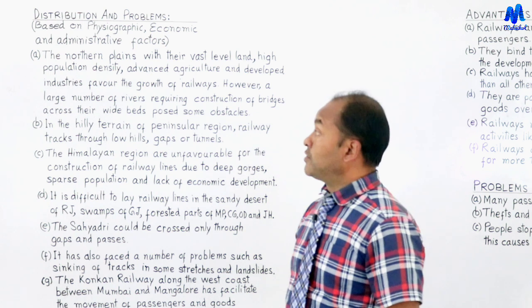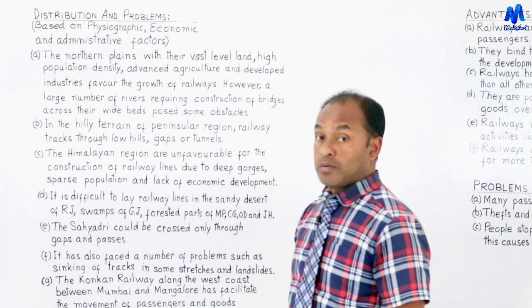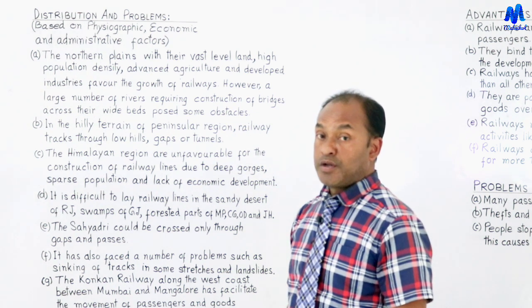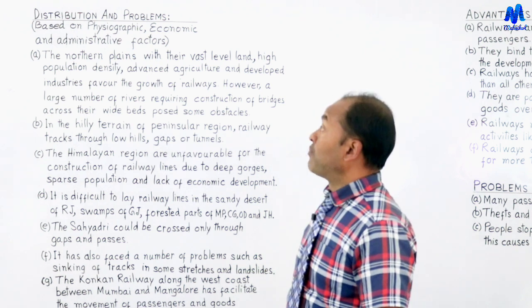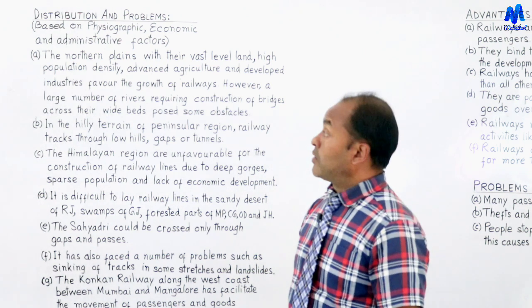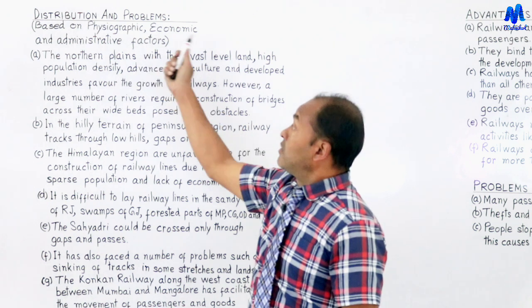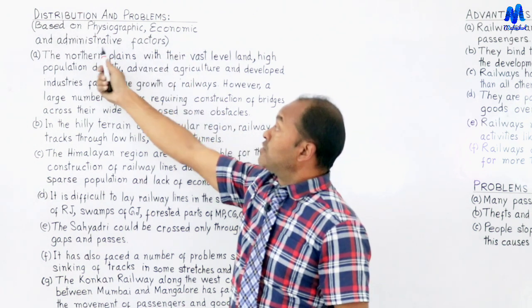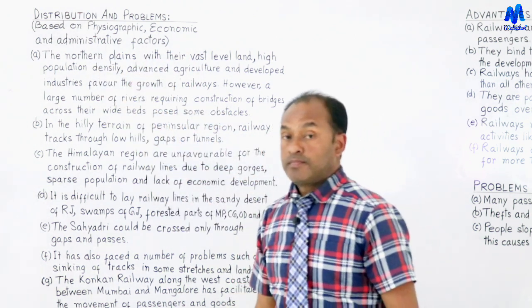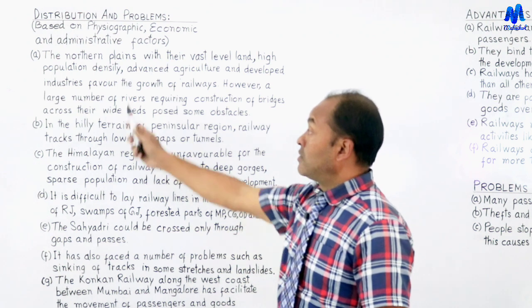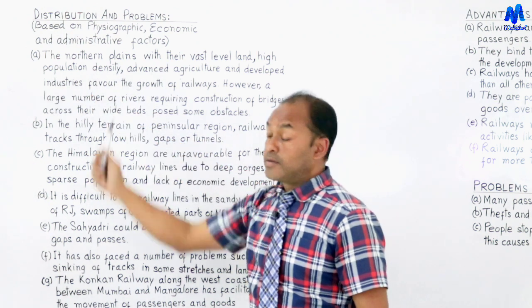Now we are going to discuss the distribution of railways in India and their problems, based on physiographic, economic and administrative factors. First, the northern plains.